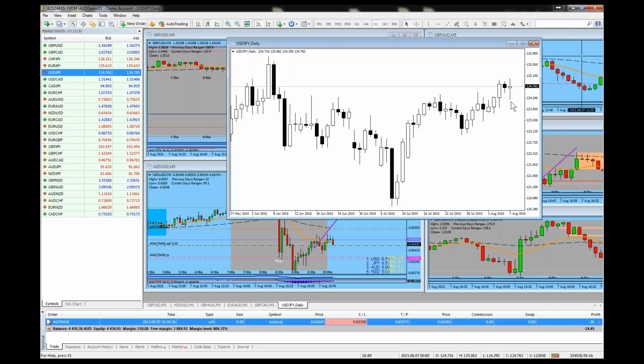But as far as I'm concerned, this bar right here, which is right now a doji, shouldn't have any effect on me wanting to stay in or get out of the trade, right? Yeah, not at all. Okay. Where's your stop? Let's see. My stop on this one is 124.45.